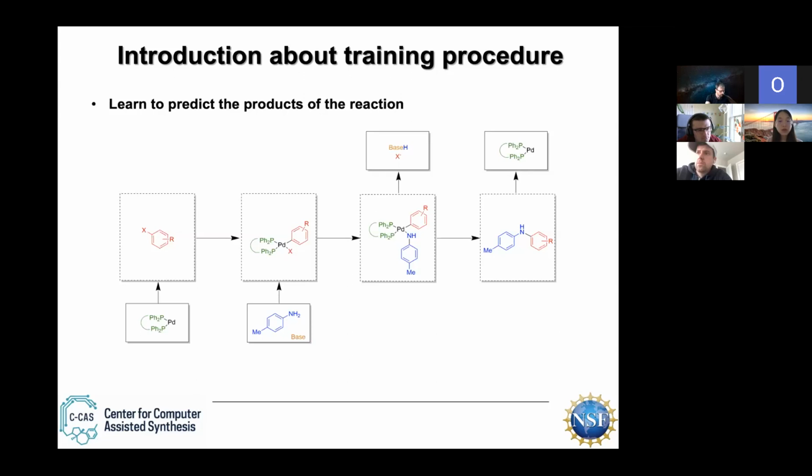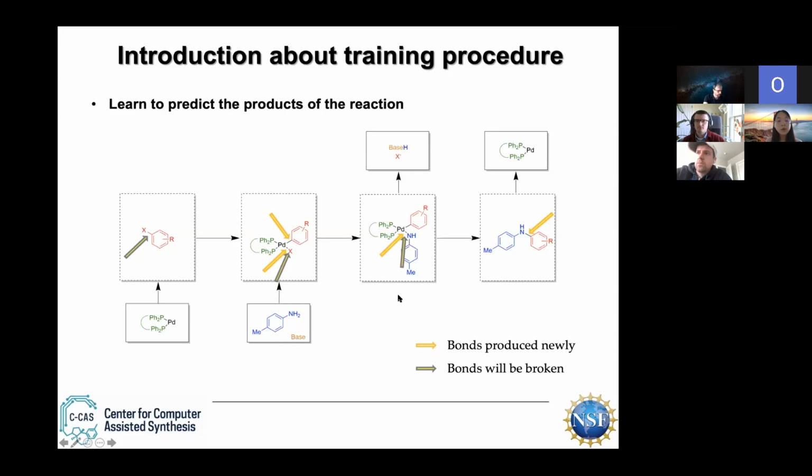So the change only happens on the bonds. As the arrows show, the only change is that, like the yellow arrows show, some bonds are newly produced, and like the gray arrows show, some bonds are broken during this procedure.